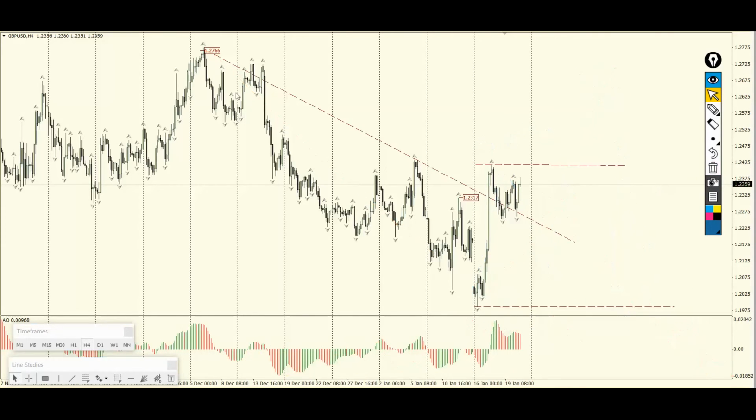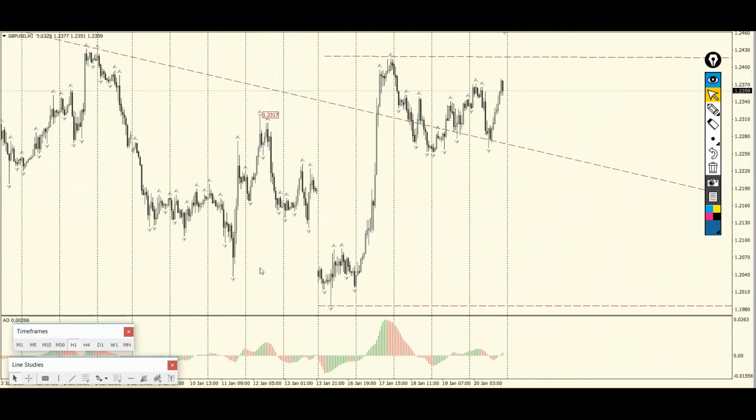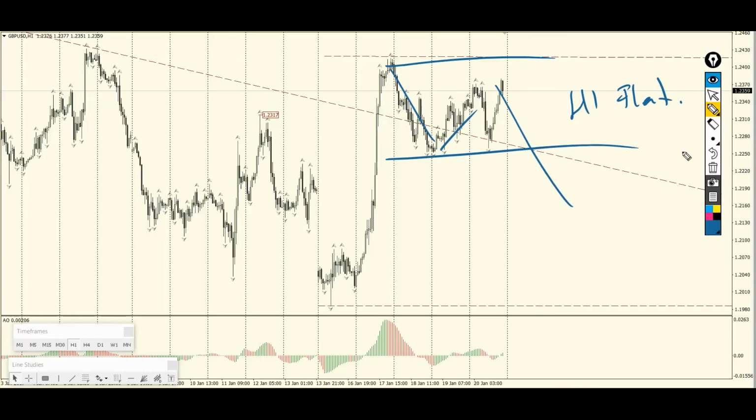We also could go further. We could go to even smaller time frames, where you can see a flat at the moment at the H1 level, and the logic is the same here. If we break through this point, it will mean that an H1 trend down will start.